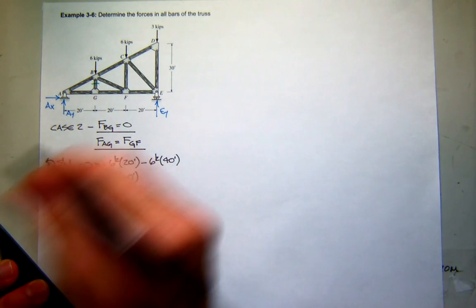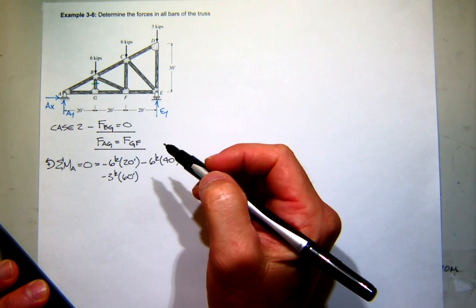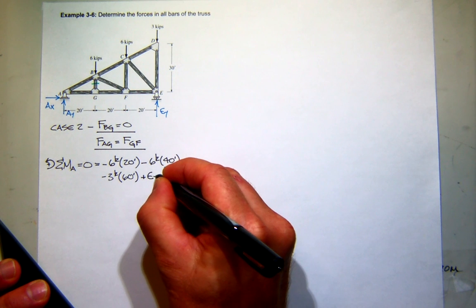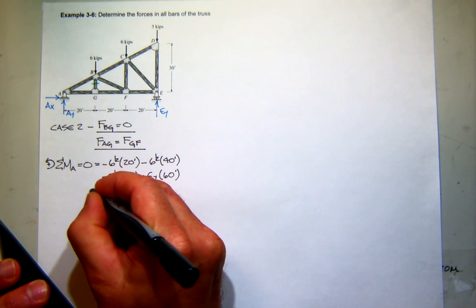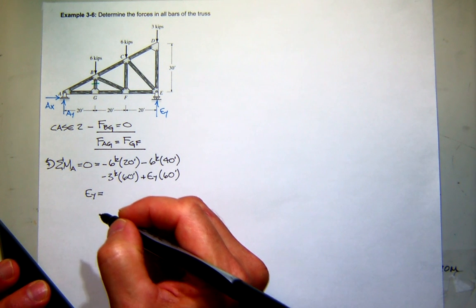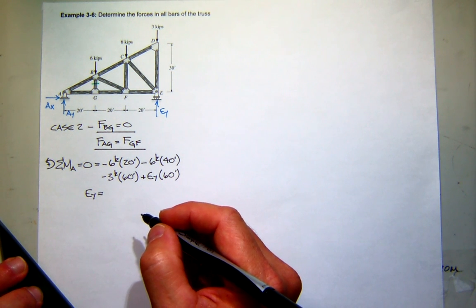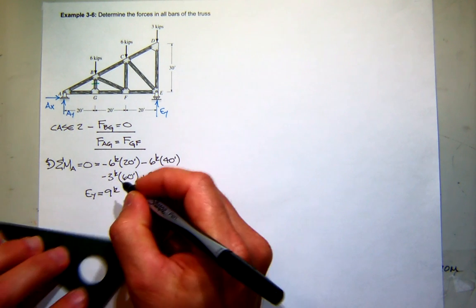So that should get all my 3 forces. And then EY is going to create what kind of moment? Positive. And it has a moment arm of 60. So what's EY equal to? 9. Say again? 9. 9, exactly 9. Anybody else get that? Yes. Excellent. 9. That's a good number, 9.